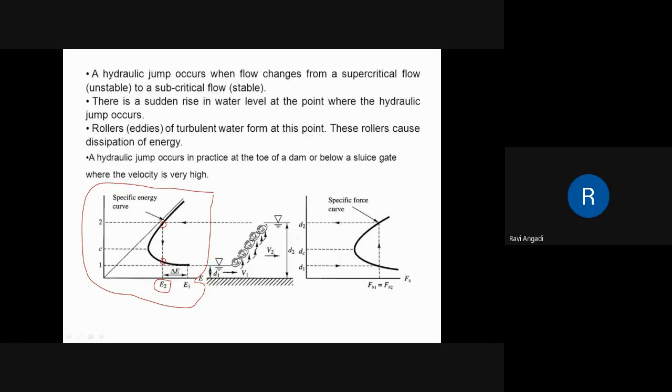Yes, two alternate depths we get, leave it this critical depth. This is a critical depth. Here we get only one depth of flow. That is a normal depth we get. Okay, leaving this point, wherever you take on the curve, at a given specific energy or at a given discharge, there will be two depths. One depth is lying in a supercritical condition, other depth is lying in a subcritical condition.